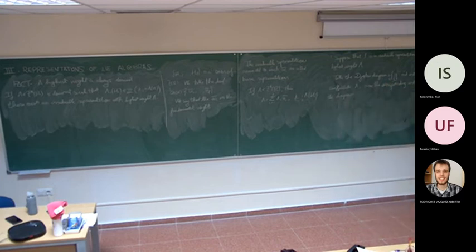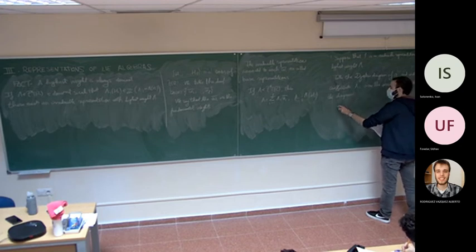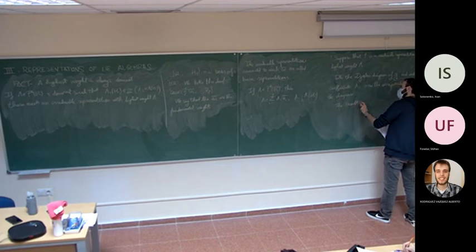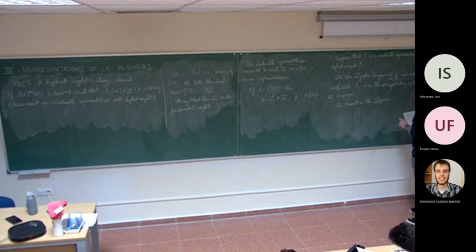The result of this process will be known as the Dynkin diagram of the representation, now instead of the algebra. So the result is the Dynkin diagram of rho.